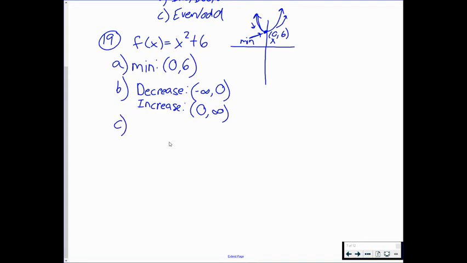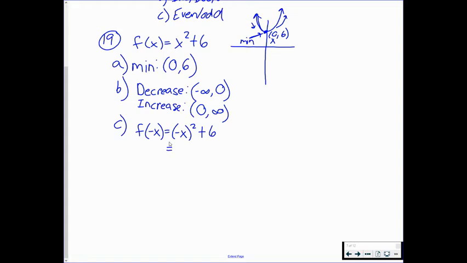The last part, question C, asks us to determine if the function is even or odd. How to tell if a function is even or odd? We're going to take negative x and plug it in place of the x in our function and simplify.